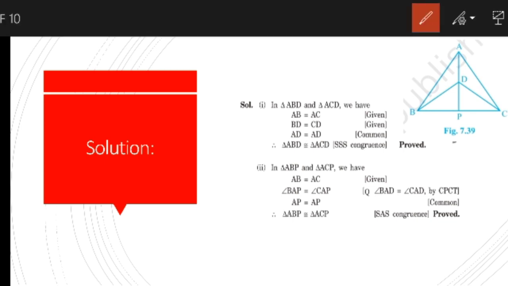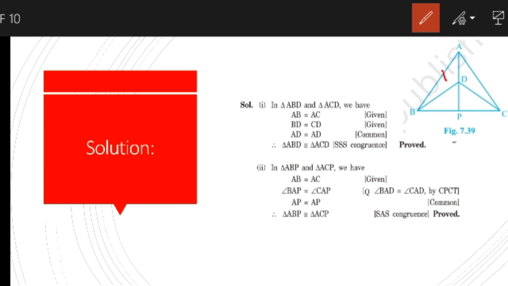Now the first one says that we need to show triangle ABD and triangle ACD are congruent. So in the beginning it is said that triangle ABC and triangle DBC are isosceles triangles.